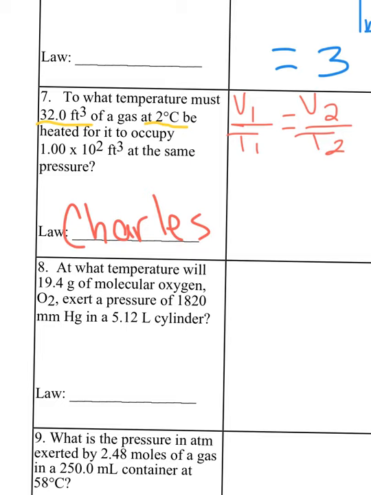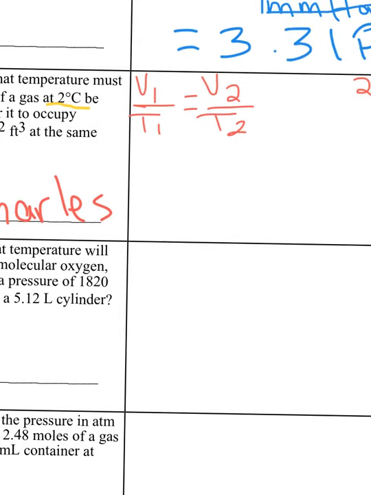So we're solving for T2, because it's asking what temperature must it be heated up to. That's implying final. What temperature does it have to be raised to? So we're looking for final temperature. We just have to rearrange this equation to get T2 by itself. Very, very simple algebra.